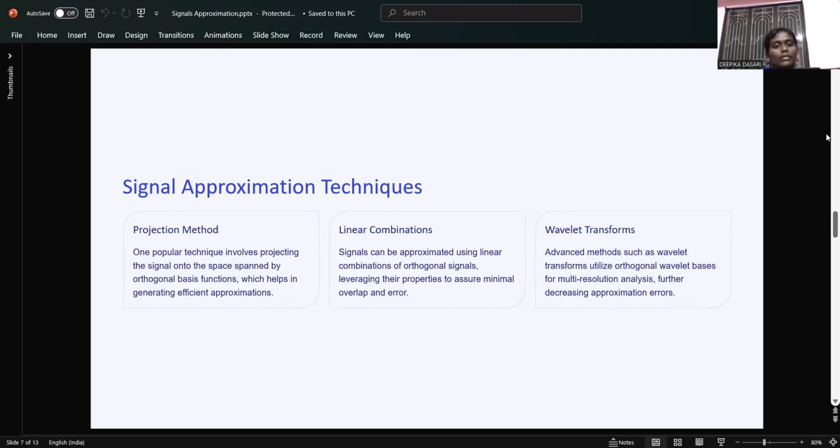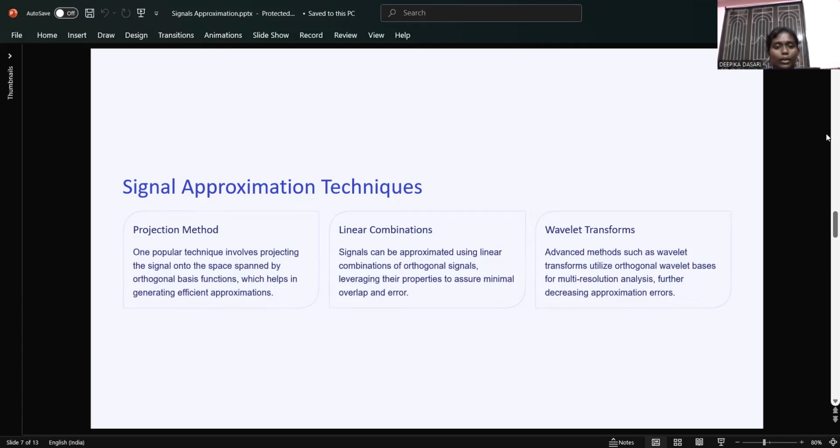There are many signal approximation techniques, and some of them are discussed here. One of them is the projection method, which is one of the most popular techniques and involves projecting the signal onto the space spanned by orthogonal basis functions, which helps in generating efficient approximations.